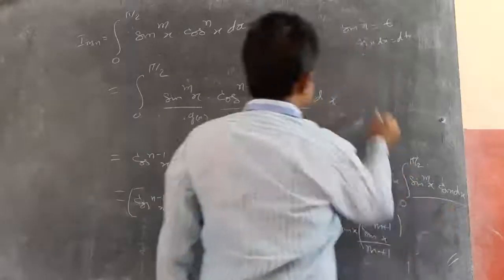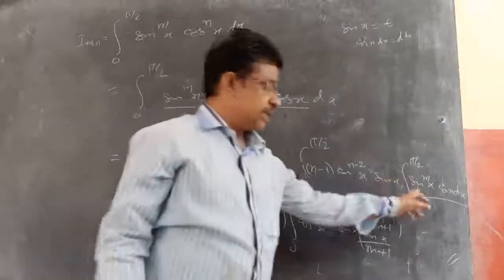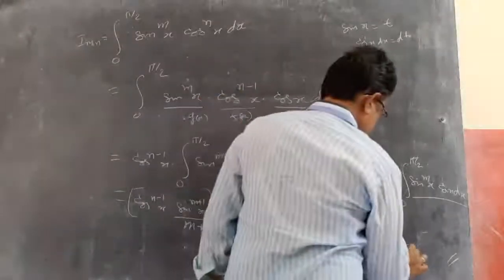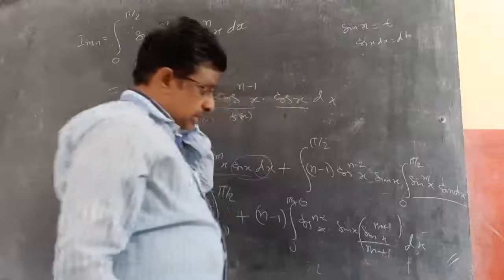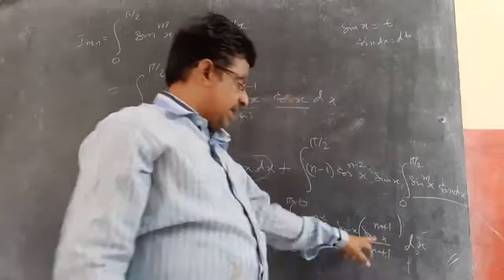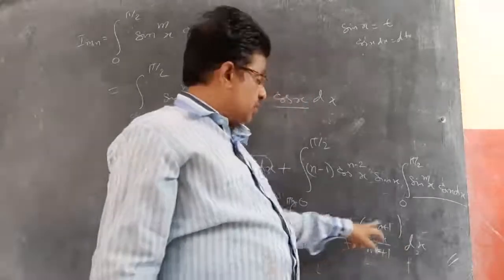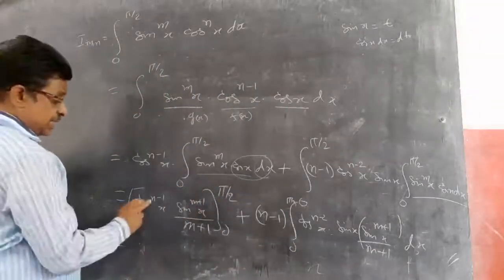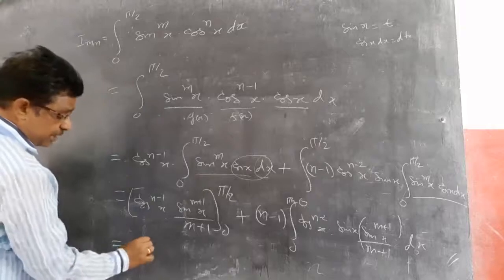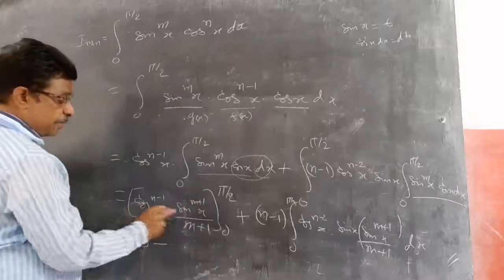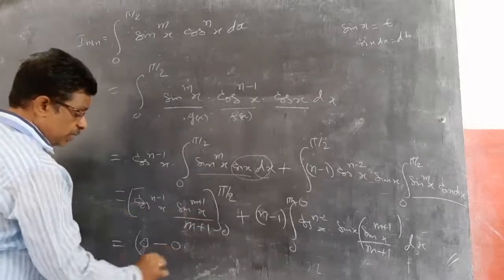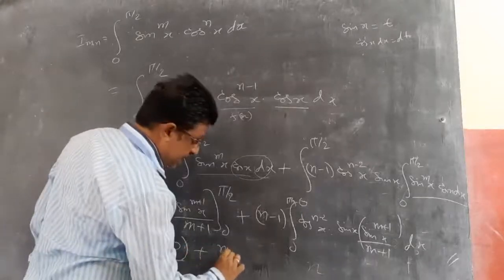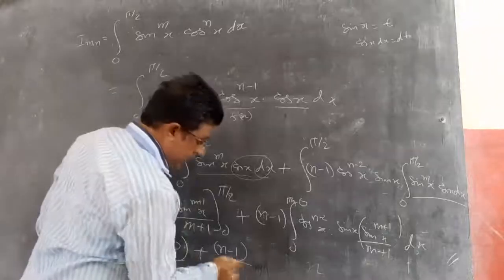This part of the integration we just did, taking this as t and this as t^(m+1) by m+1. So this is sin^m x into sin^2 x, because it is m+1, again sin. And applying the limits here, cos 90 is 0, the upper limit is 0, minus the lower limit, sin 0, is 0. So anyhow this part is 0 as usual.